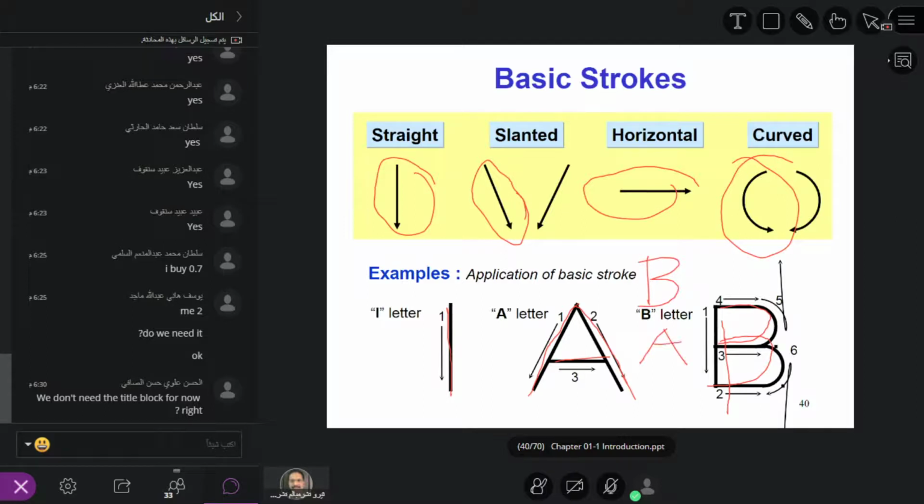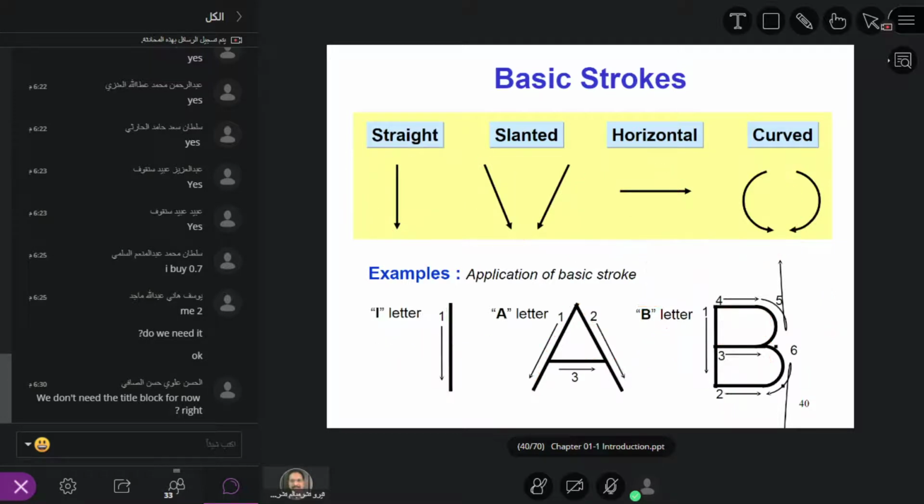A, and then I, J, B, C, D, something like that. So this is related to the strokes. Okay, so you already know that, but the problem here is you are not writing it as usual on a paper.